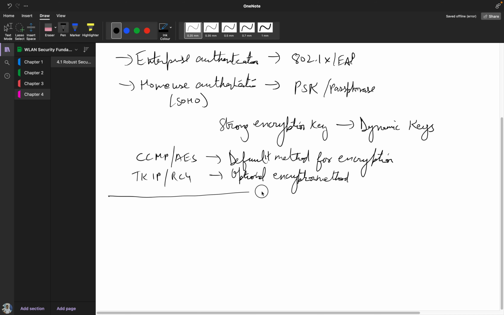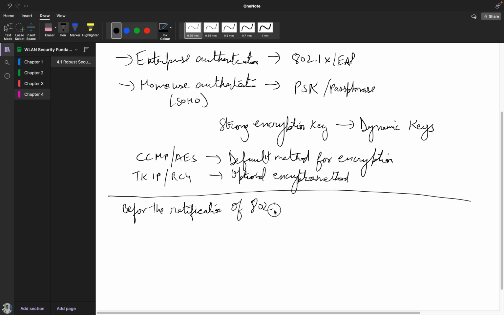However, prior to the ratification of the 802.11i amendment, the Wi-Fi Alliance introduced something called a Wi-Fi Protected Access certification, also known as WPA.